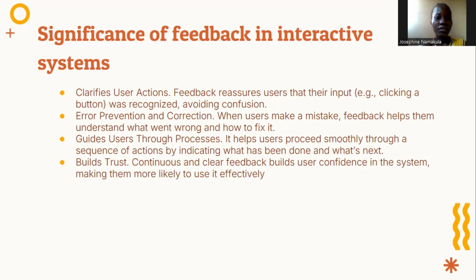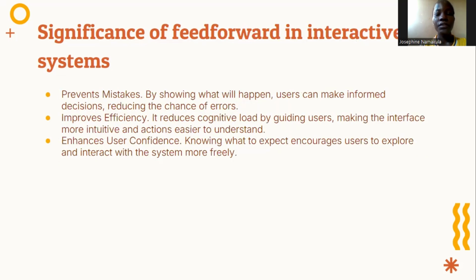So it guides users through processes. It helps users proceed smoothly through a sequence of actions by indicating what has been done and what's next. It builds trust. Continuous and clear feedback builds user confidence in a system, making them more likely to use it effectively.